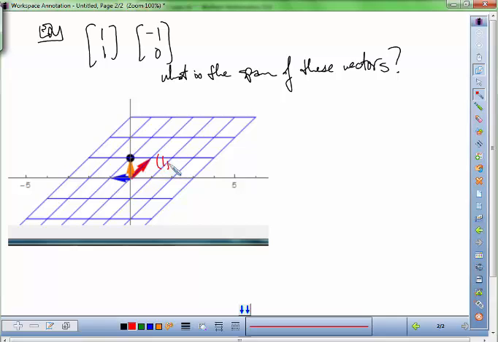Yeah, we'll do that in a minute. So I have my vector 1, 1, and my blue vector is negative 1, 0. And I have my point here at 0, comma 1.